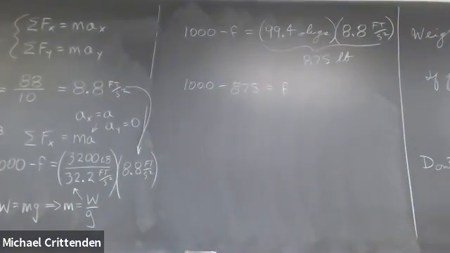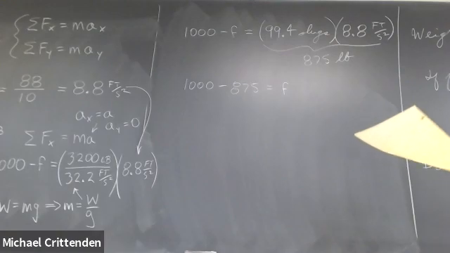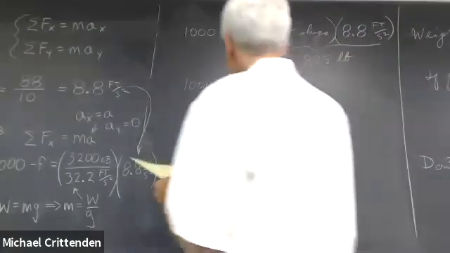So a little bit of algebra, subtract the 875 from both sides, add the friction force F to both sides.